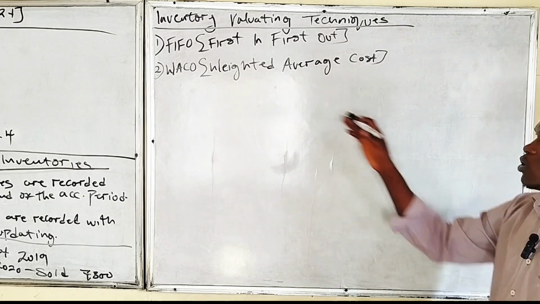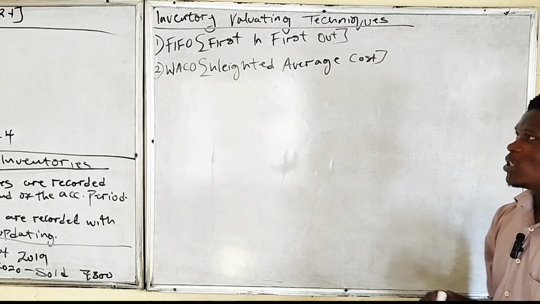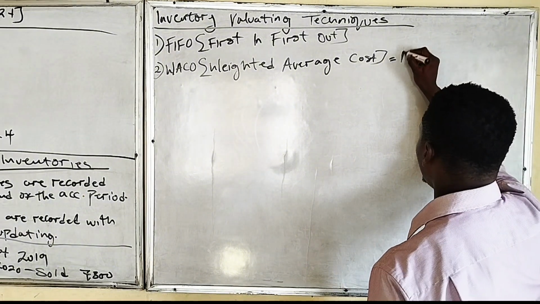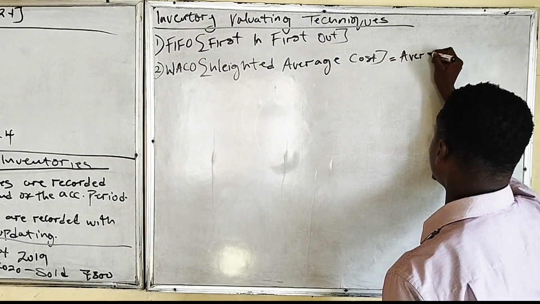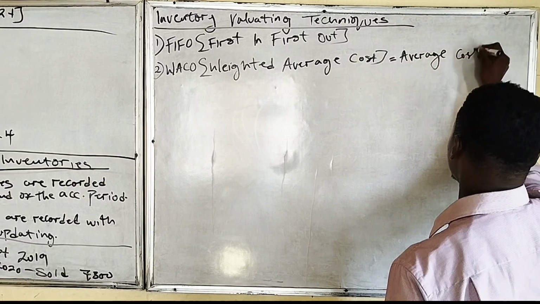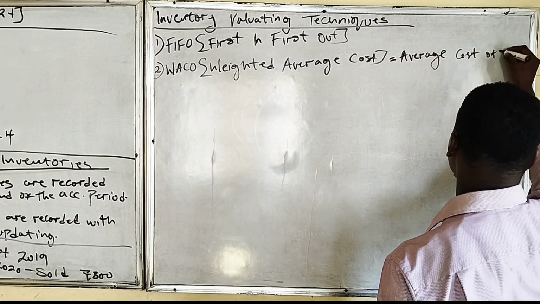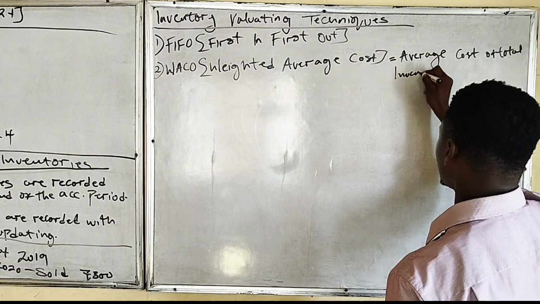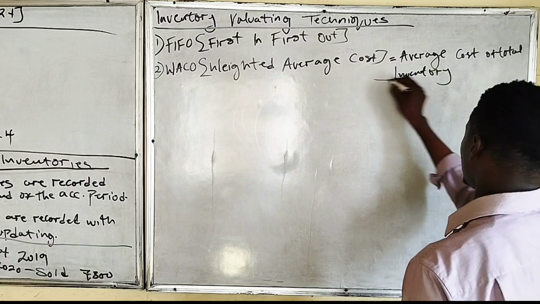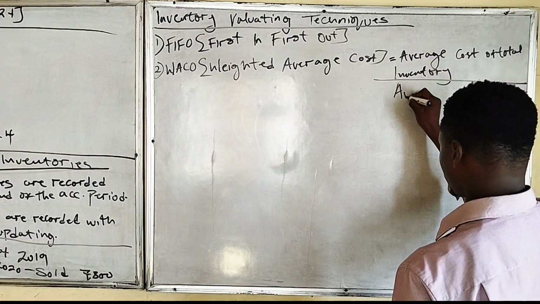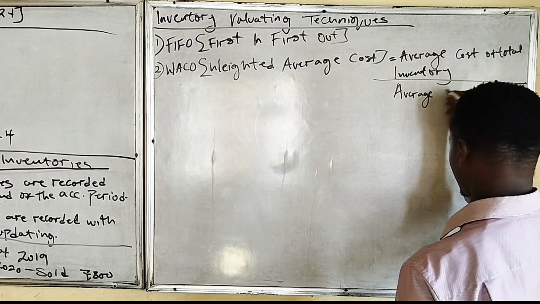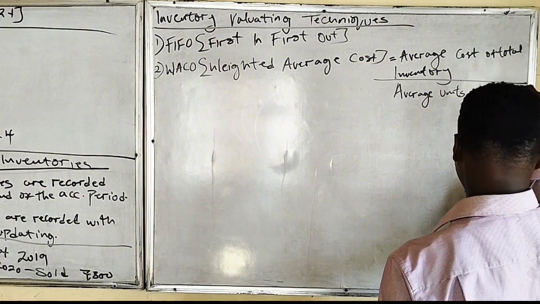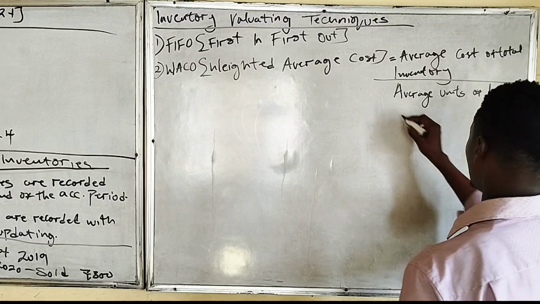So we sell them or issue out inventories according to their order of purchases or production. While under the weighted average cost method, we issue out inventory using the average cost of total inventory, dividing it by the average units of inventory.